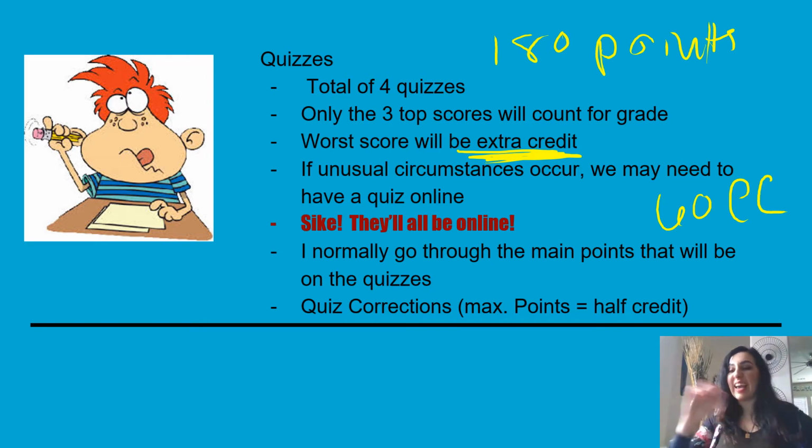Okay, so I'll take your highest scores and those will count for your grade, and then your worst score is going to count for your extra credit. Okay, now obviously, the better you do on all of your quizzes, especially your worst quiz, the more extra credit you're going to get.